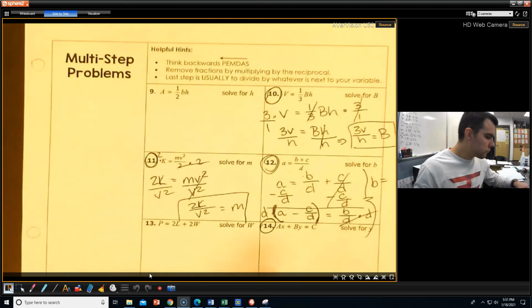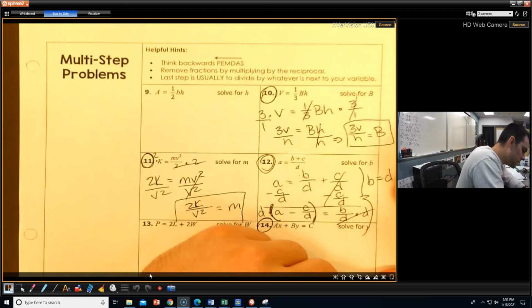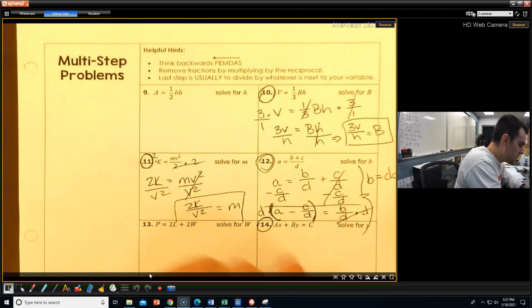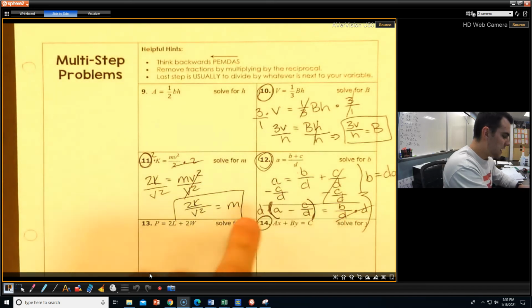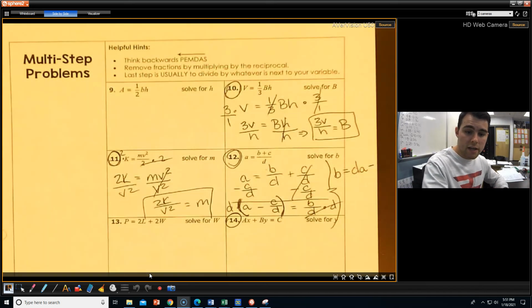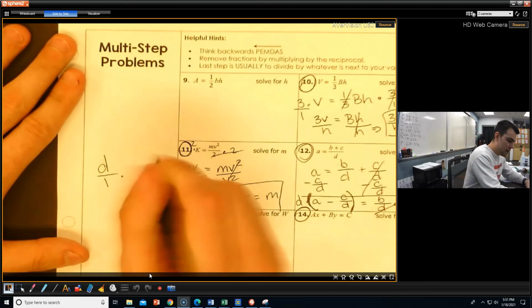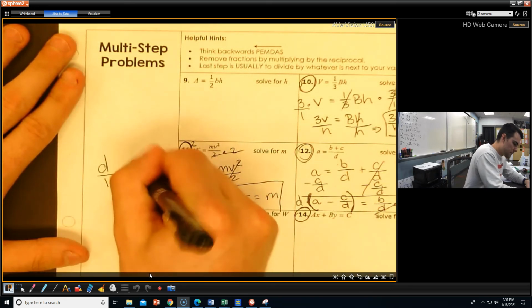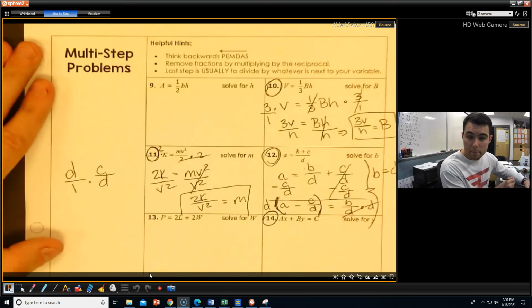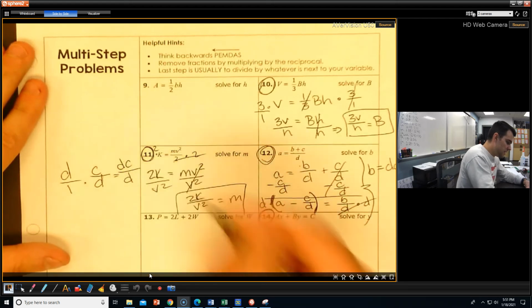Let's do that. So I get d times a, and then it's going to be minus, because it's a positive times a negative, minus d times c over d. So that's like d over 1 times c over d. Okay, so if I multiplied those, I would get d times c divided by d.